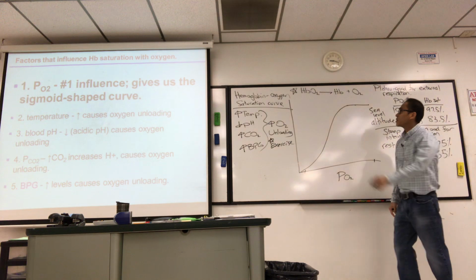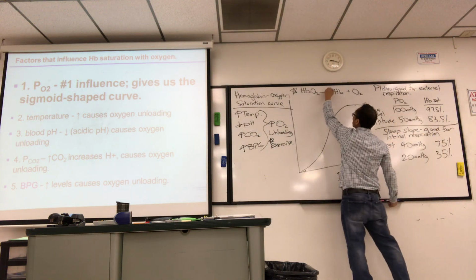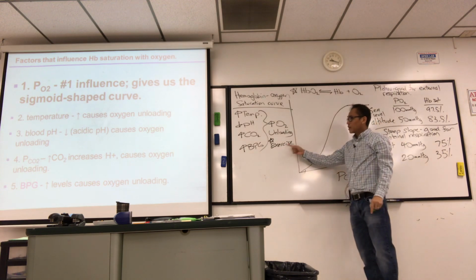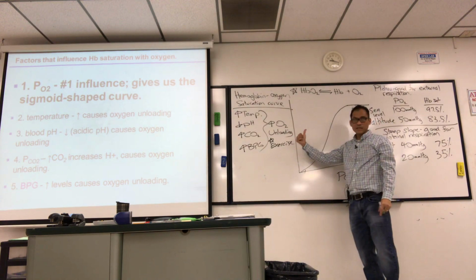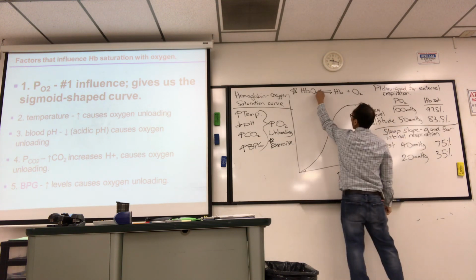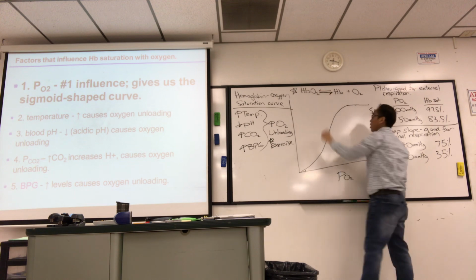And the equation can go both ways. But what I'm saying is exercise increases the unloading, so it tends to push the equation to the right. Okay, so there's more unloading than loading.